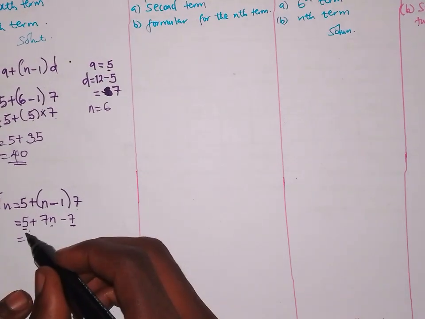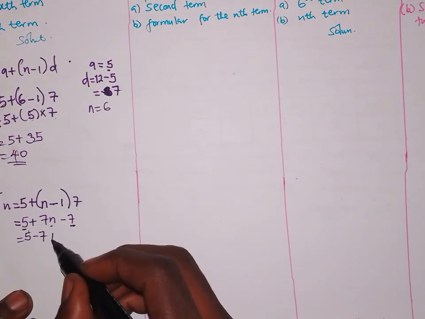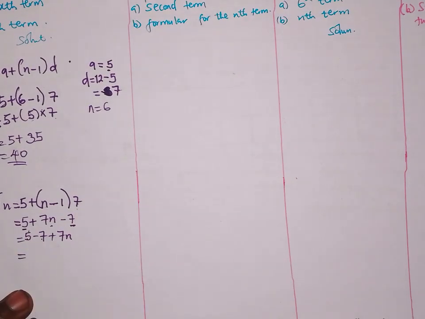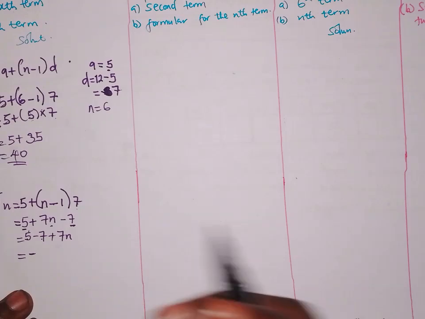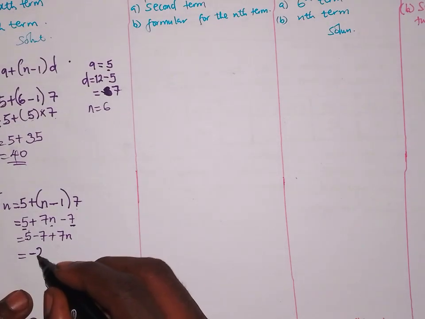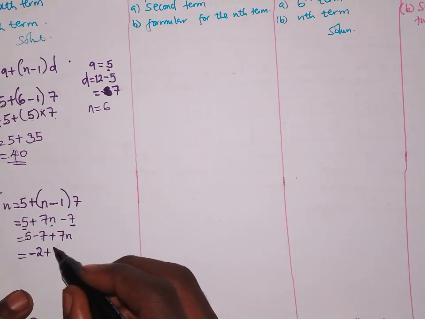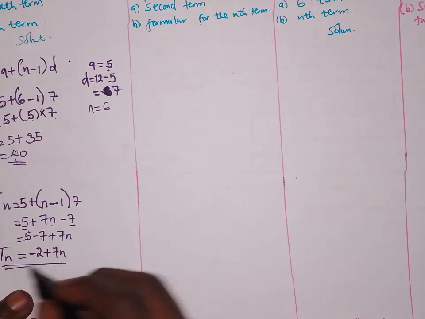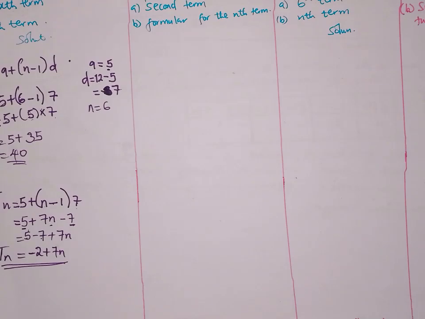So you say 5 minus 7 plus 7n. 5 minus 7 is -2, plus 7n as our nth term. This is the simplified formula which you can use for any term.